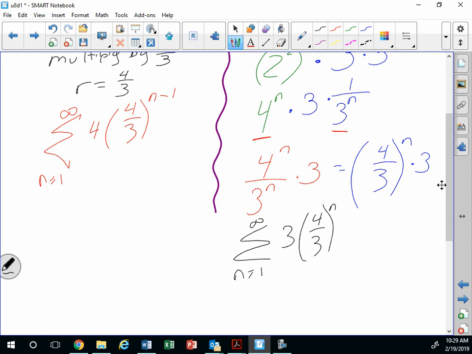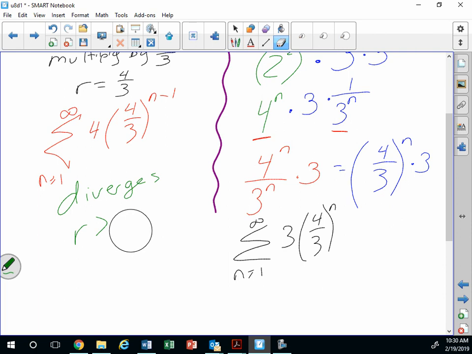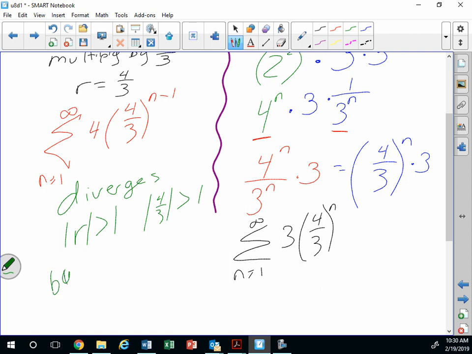Ladies and gentlemen, here's my question. Does this series, whether you use the red or the black, converge or diverge? Why can you then say this series diverges? Because the value of 4/3 is greater than 1, by the geometric series test.